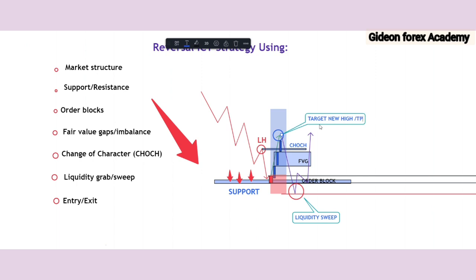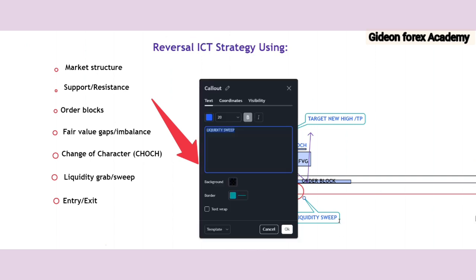Our stop loss just below the spike. I'll just indicate here our stop loss, right there, after the sweep.